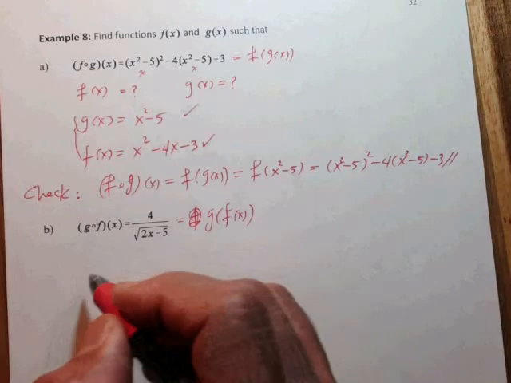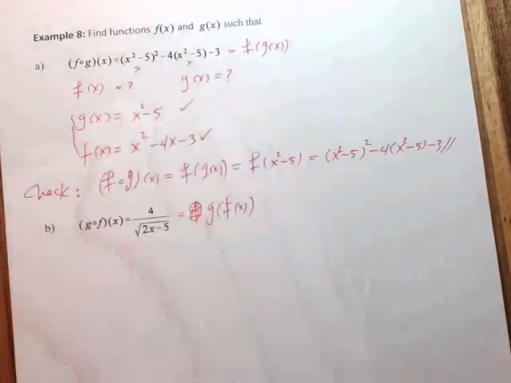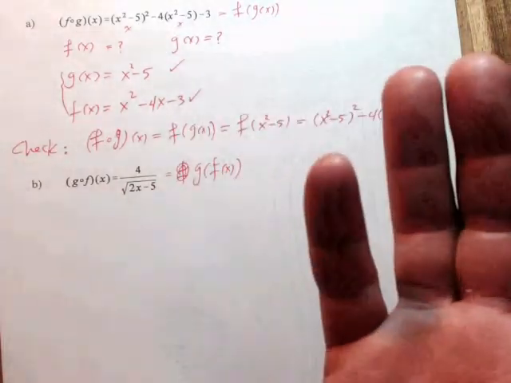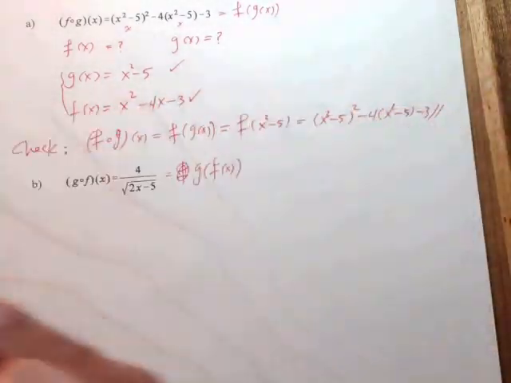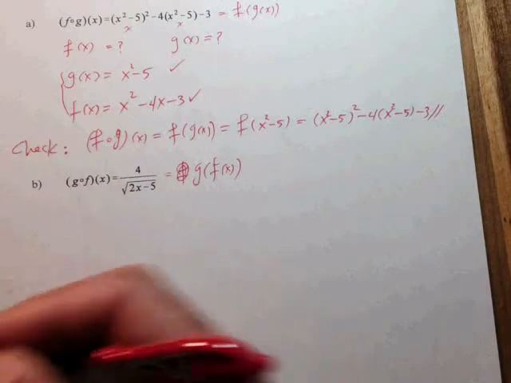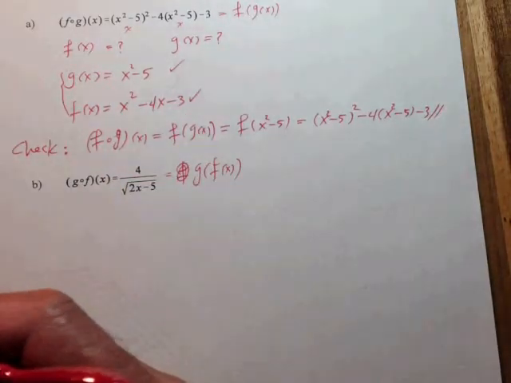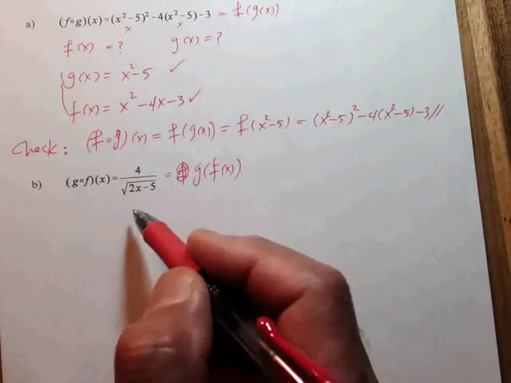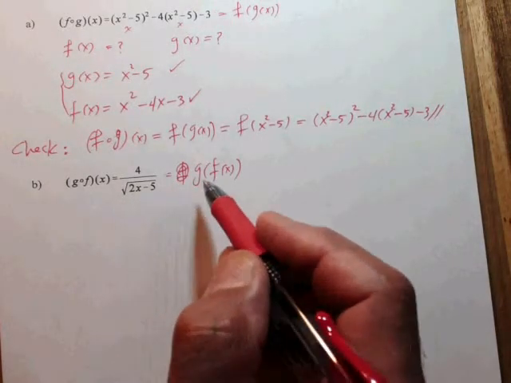By a little bit of looking around, this is actually a matter of experience. The more of these problems you do, the better you get at it. The reason I can do it quickly is because I've done it so many times. So it's not really difficult to figure out what your g of x and f of x are going to be.